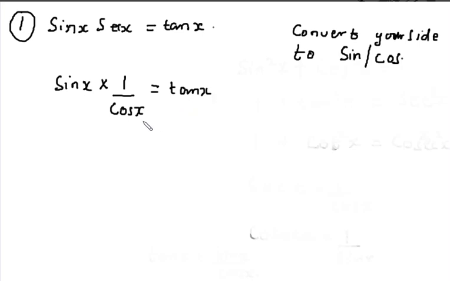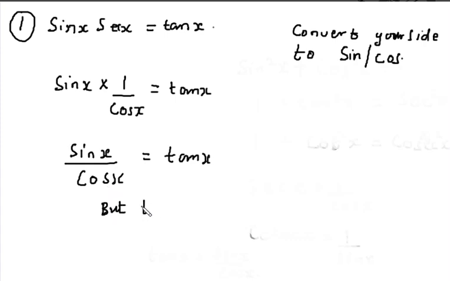Sine x times 1 is sine x over cos x. From the relationship we wrote before, tan x is equal to sine x over cos x, so this is equal to tan x.